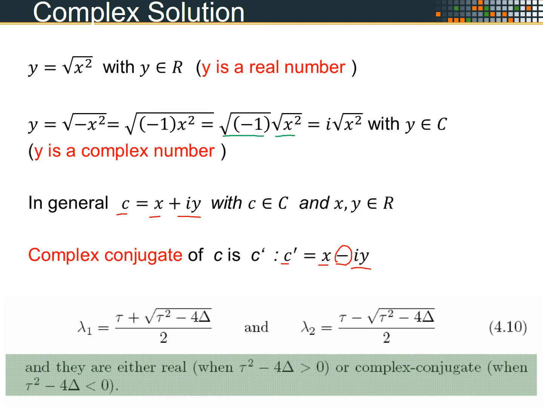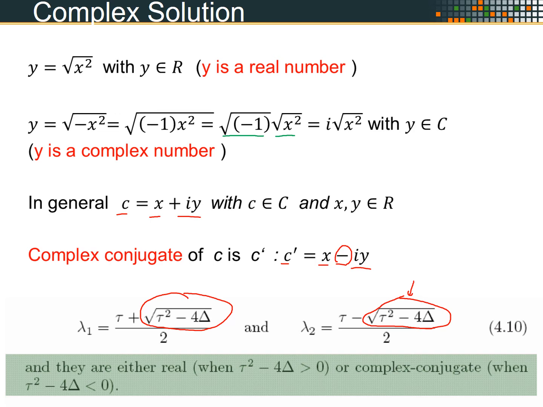In that sense, if this second part turns out to be negative, because the square root turns out to be negative, then the second part would be an element of the space of complex numbers.